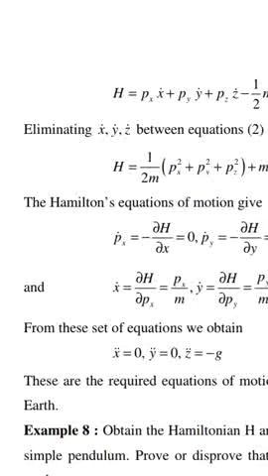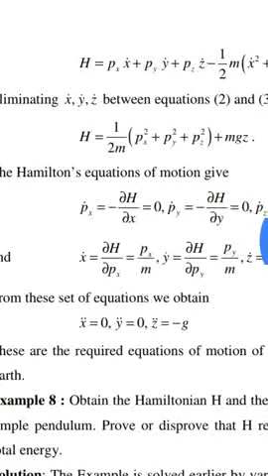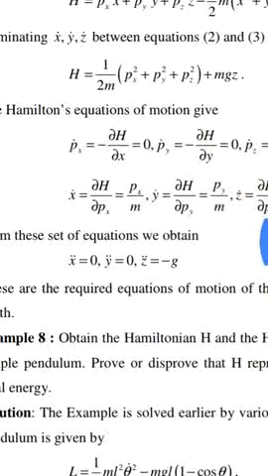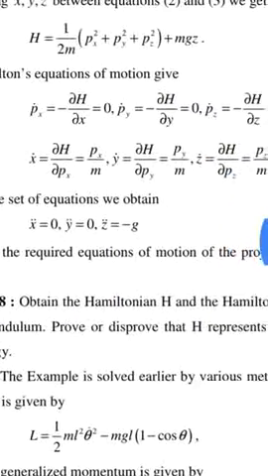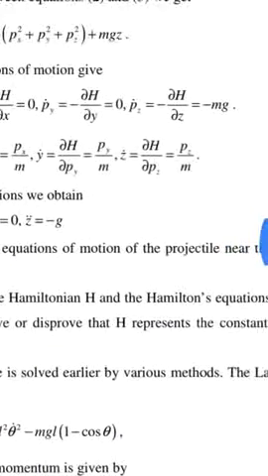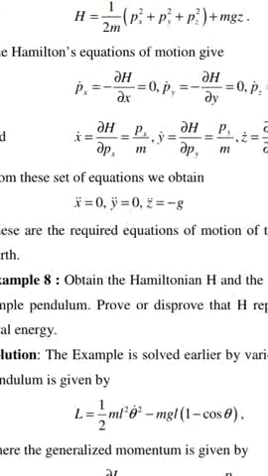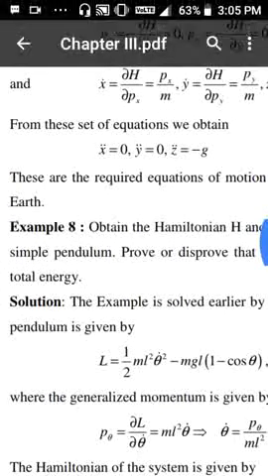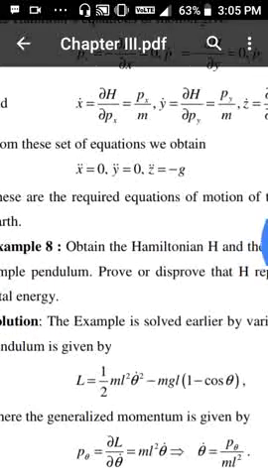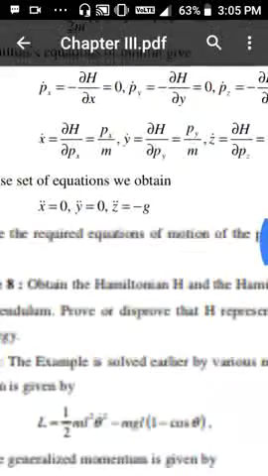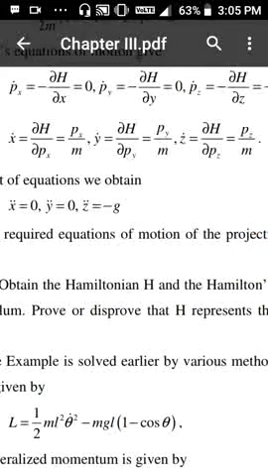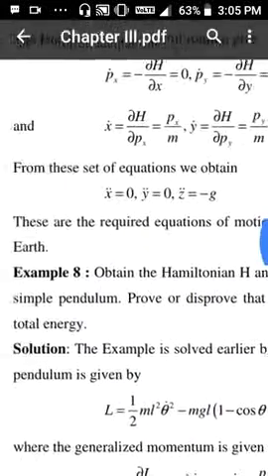Hamilton's equations of motion give Px dot is equal to minus ∂H/∂x is equal to 0, Py dot is equal to minus ∂H/∂y is equal to 0, Pz dot is equal to minus ∂H/∂z is equal to minus mg, and x dot is equal to ∂H/∂Px is equal to Px by m, y dot is equal to ∂H/∂Py is equal to Py by m, z dot is equal to ∂H/∂Pz is equal to Pz by m.